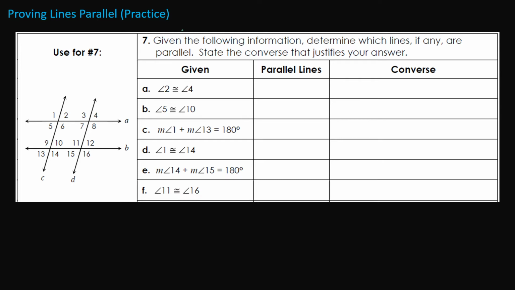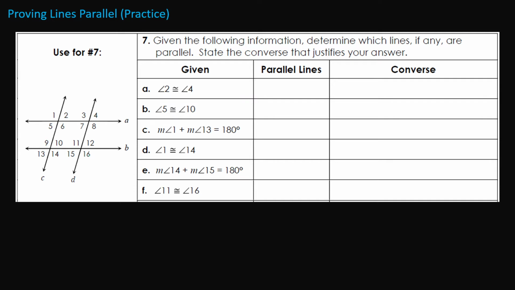So, given the following information, determine which lines, if any, are parallel. State the converse that justifies your answer. So, I am first looking at letter A. I am given that angle 2 is congruent to angle 4. And so I don't really need any of the angles below.